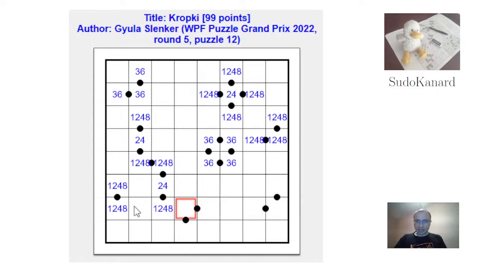Then there's something. On this row, we still have digits here that are either from 1, 2, 4, 8 or from 3, 6. But you can see that those two cells must contain 5 and 7. They are the only cells on this row that are not with a black dot.